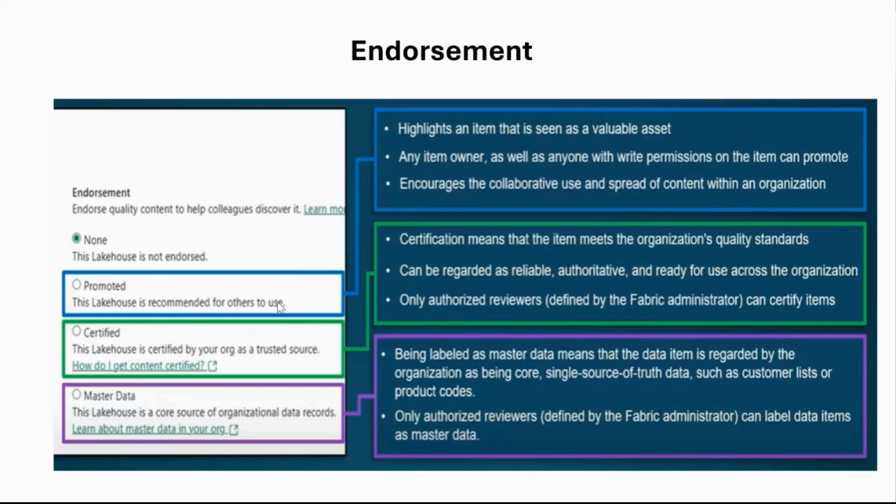So this in turn helps spread good content within the organization and promote collaboration. So you are trying to promote an item that you find can be valuable for others within your organization. So this highlights an item that is seen as a valuable asset.